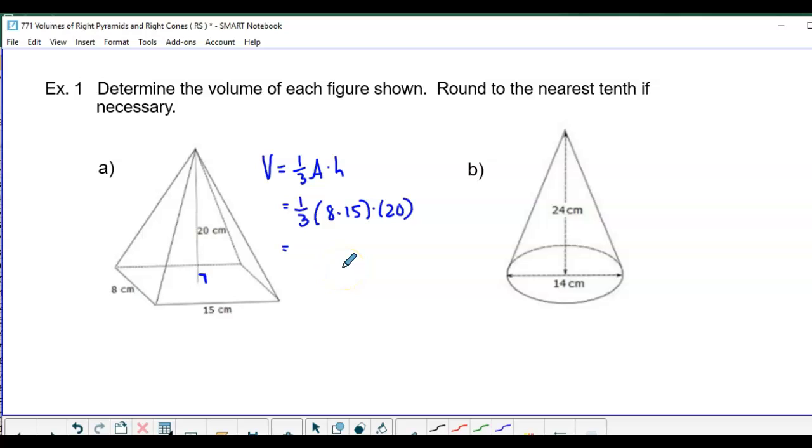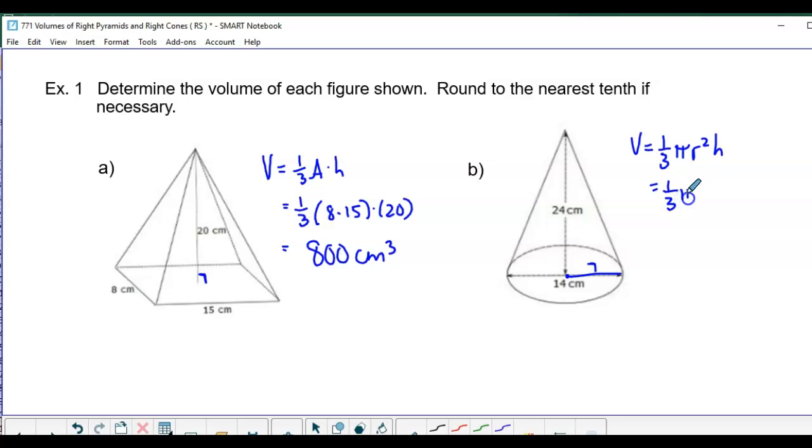So 1 divided by 3 times 8 times 15 times 20 is 800, in centimeters cubed. Here, the radius is half the diameter, so that's 7. So this is going to be 1/3 pi r squared times height.